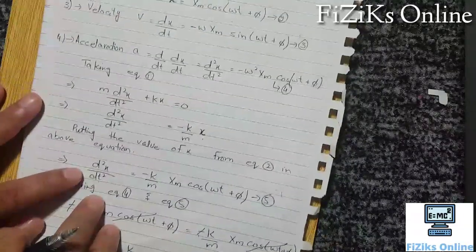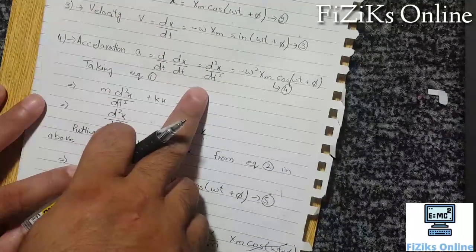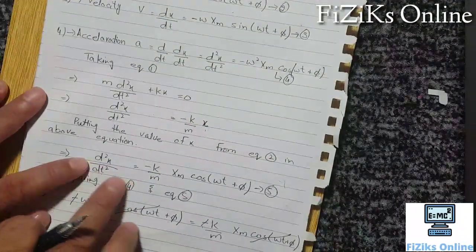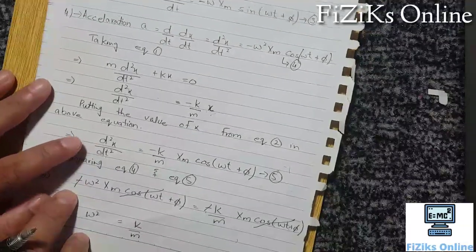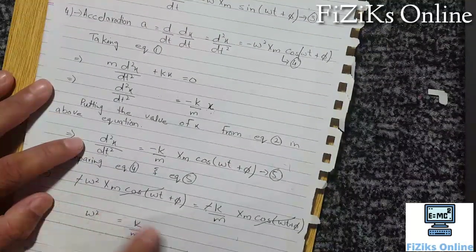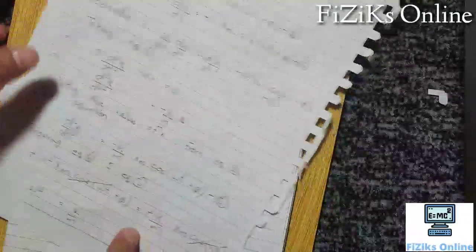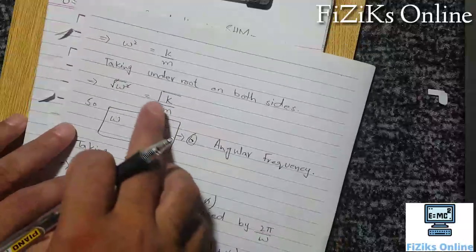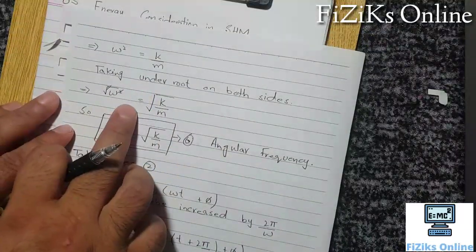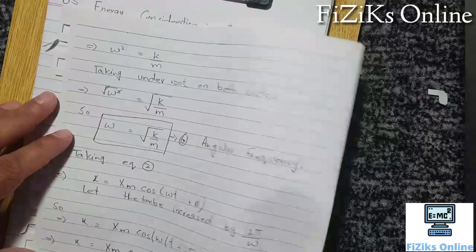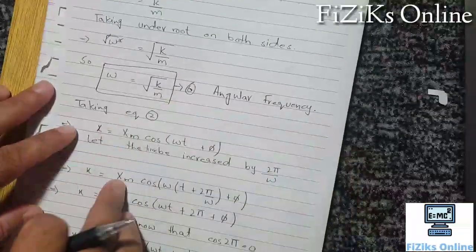We compare it with d square x by dt square, both are acceleration, which gives omega square equals k by m. Taking the square root, omega equals under root k by m. This is the value of omega.